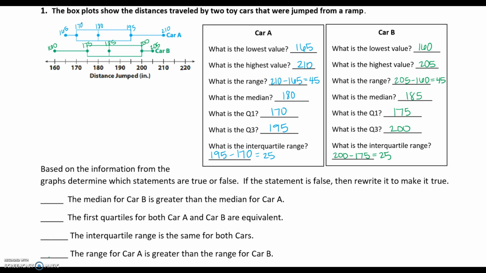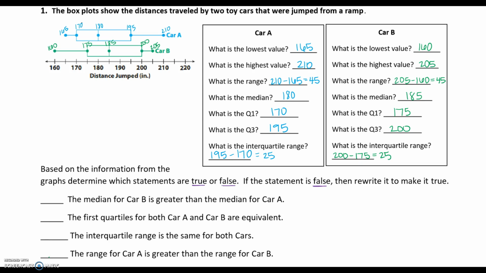Okay, so now that they're both analyzed, let's go ahead and look at what it wants us to do. It says, based on the information from the graphs, determine which statements are true and which statements are false. If it is false, then you need to rewrite it and make it true. Okay, so let's see.